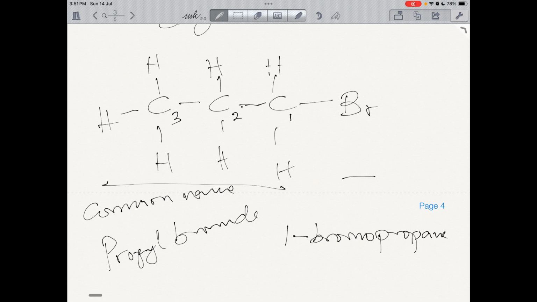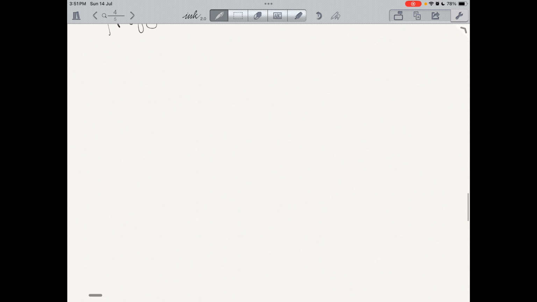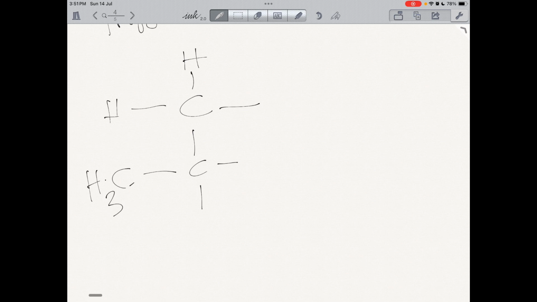Before we proceed, let me just put on one more structure and then ask if you can deduce what the name should be. I hope someone is not going to get confused. This is I. So what's the name of this compound?